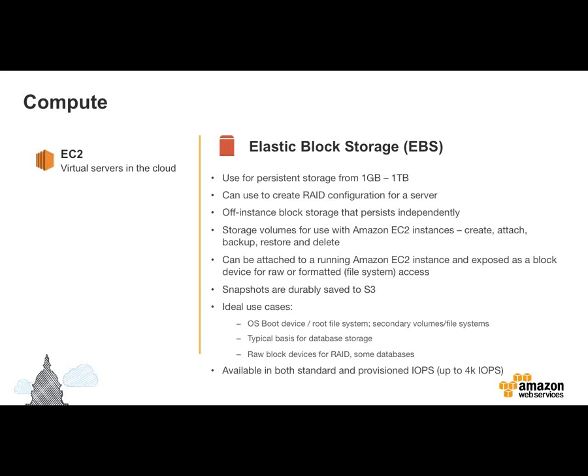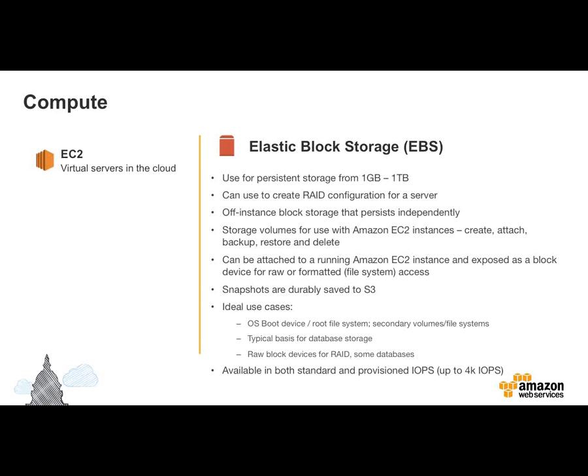For persistent storage, you should use Elastic Block Store. Elastic Block Store is persistent. You can get anywhere from 1 gigabyte to 1 terabyte per volume. If you want more than that, you can have multiple volumes attached to your instances. You can do a RAID 0 across them to get one logical volume. It persists outside of your instance, so you can detach or reattach that volume to another instance in the same availability zone.